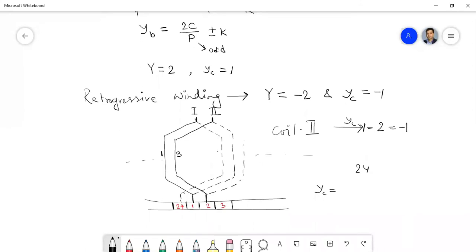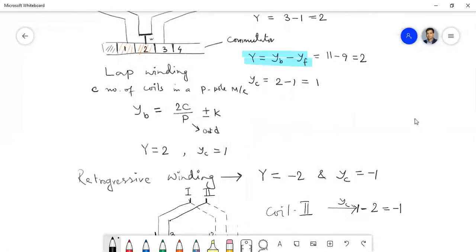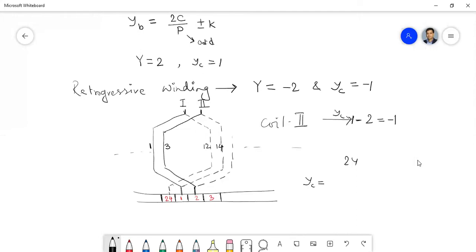That is 12, isn't it? It was 12 or anything else? Yes, sir, 12 was there. 12 and 14. So 1, 3, 12, 14. Can I write like this now? Then what will be the back pitch and what will be the front pitch? Back pitch will be 11, front pitch will be 13.